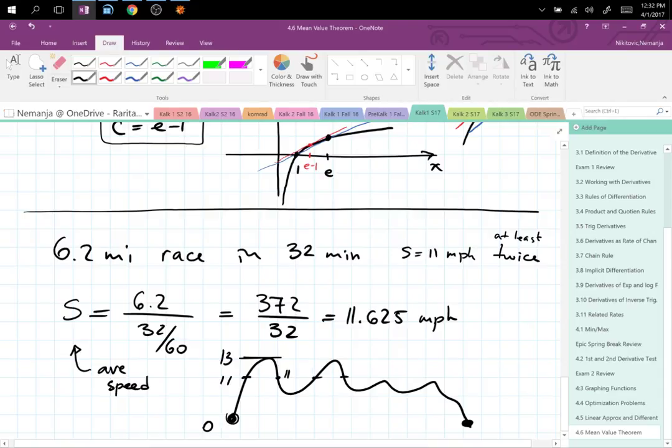It might hit 11 many times, but it has to be at least twice, because the average speed was 11.625. It started at 0 to build to the average, and then even more than that, because it has to average back down to 11. So whatever the numbers are, definitely at least twice had that exact speed.